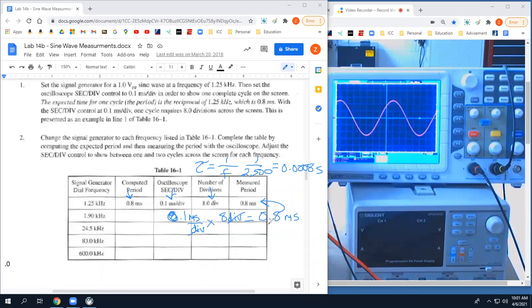All right, I'm gonna go through the 1.9 kilohertz row with you, and then I'll let you do the rest of the table. So we've got 1.9 kilohertz. Let's compute the period. What's that formula again? So 1 divided by 1,900.